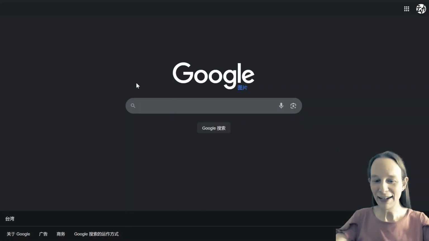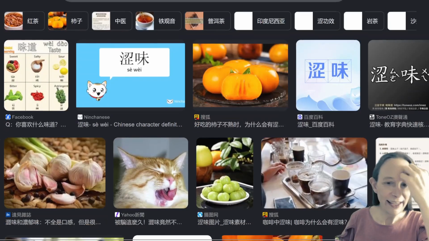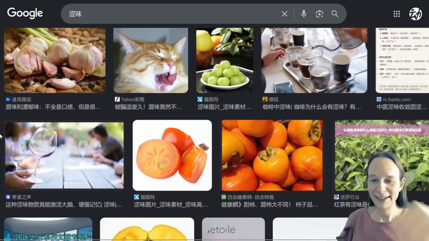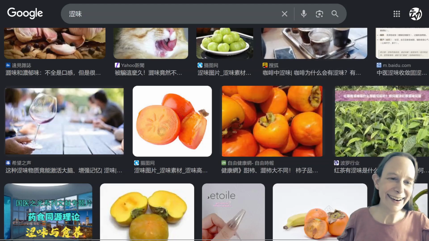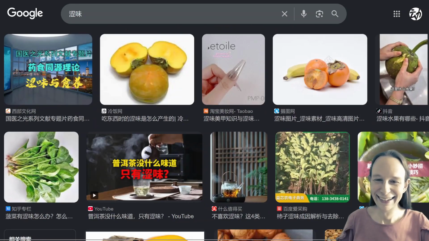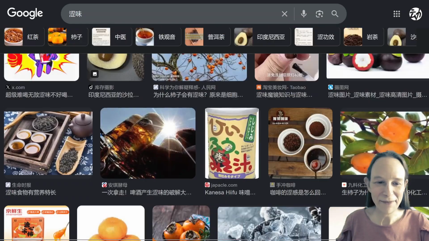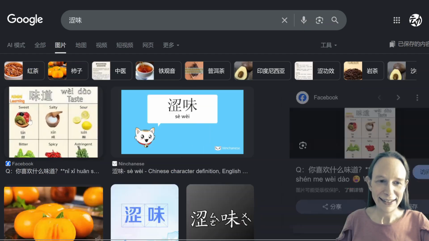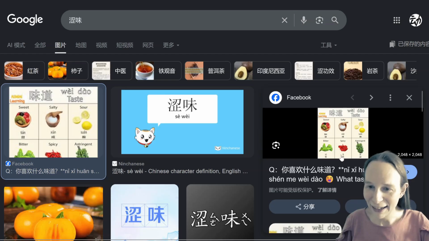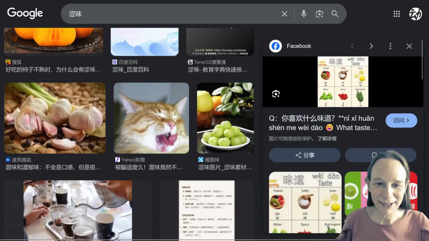Yeah, there is a flavor. So, tart. Oh yeah, I don't know. It is tart as a flavor. I never really understood this flavor, but there are certain foods that are a bit tart, astringent.